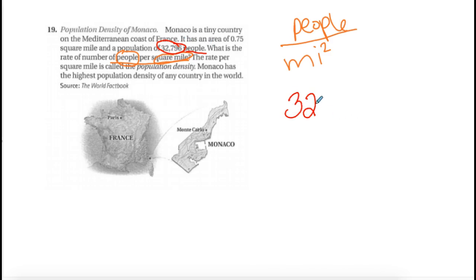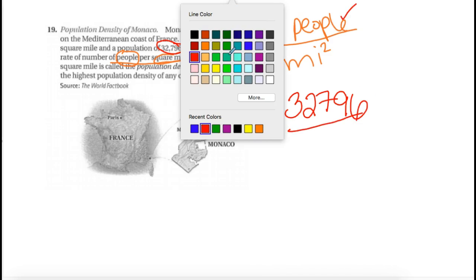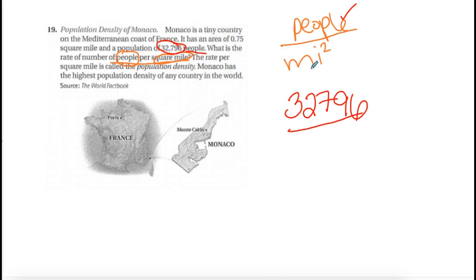32,796. That's my people. Then I'm going to go and look for square miles. So I'm looking for this word, square miles. Here it is. I'm going to read just in front of it. Here's my number.